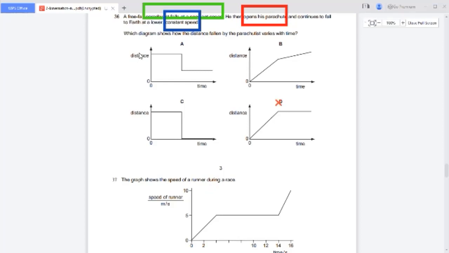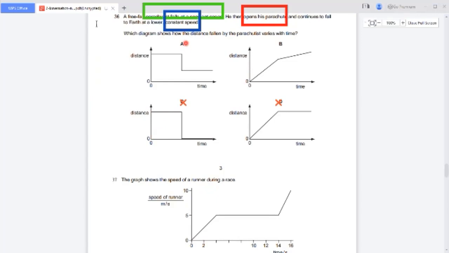So that's incorrect. Let's move to option C. Here the object is in a state of rest. Distance is not changing, so it is also incorrect.